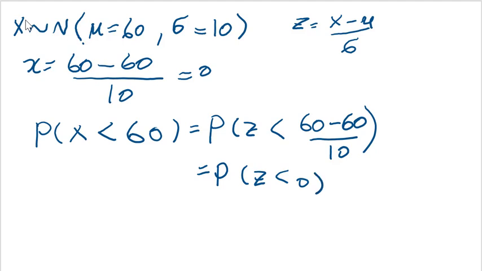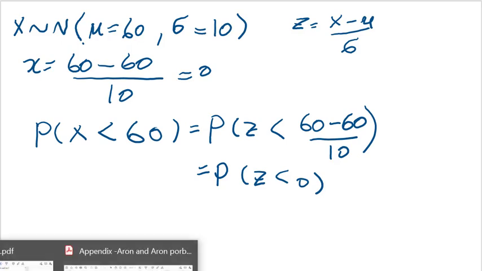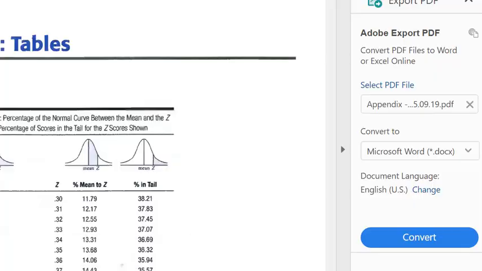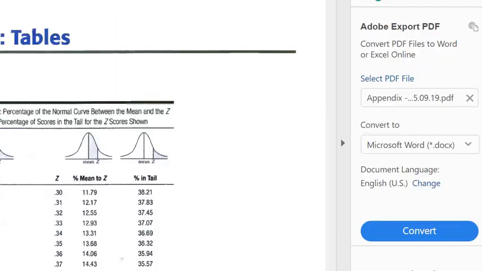To do that, you have to go to the tables, Aaron and Aaron tables, for probability of x less than 60, which is the same as probability of z less than 0.